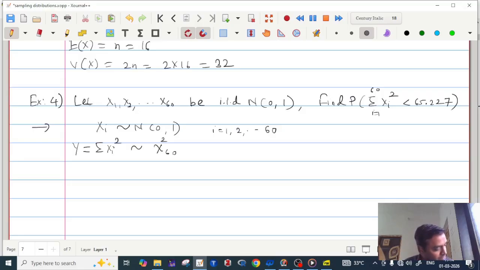Okay, so by making standardization, you can solve this. Take the expectation of Y, which is 60, and the variance of Y, which is 120.